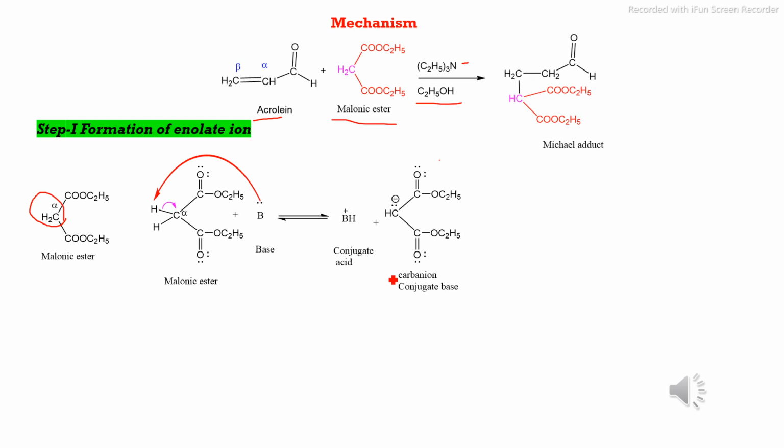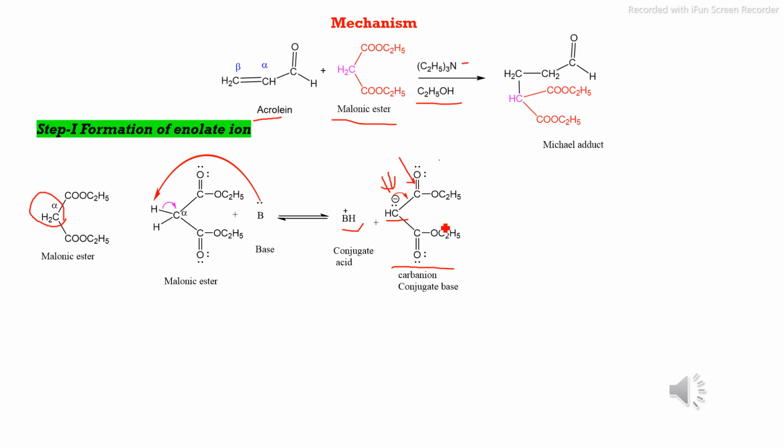So this carbanion is the conjugate base, whereas the base which abstracts the alpha hydrogen atom, which is protonated, acts as the conjugate acid. In this carbanion or conjugate base, the lone pair present on the carbon atom is in conjugation with the carbonyl group of the ester, and therefore it shows resonating structures to form the enolate.